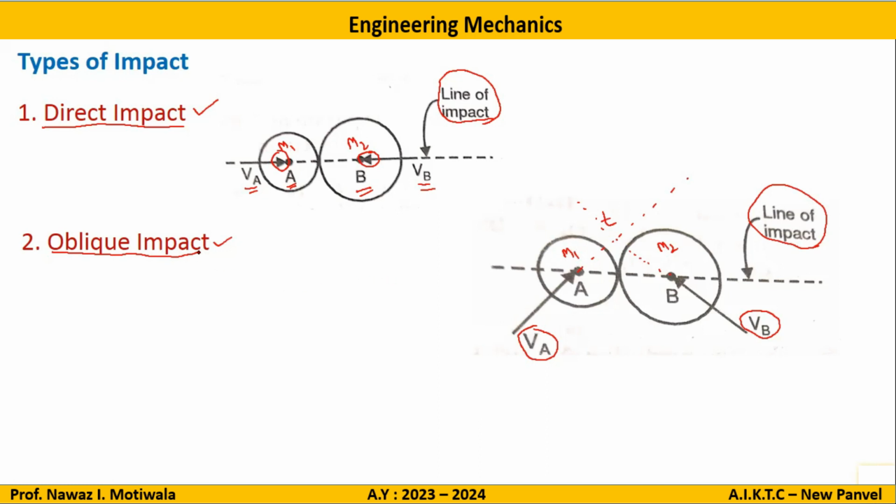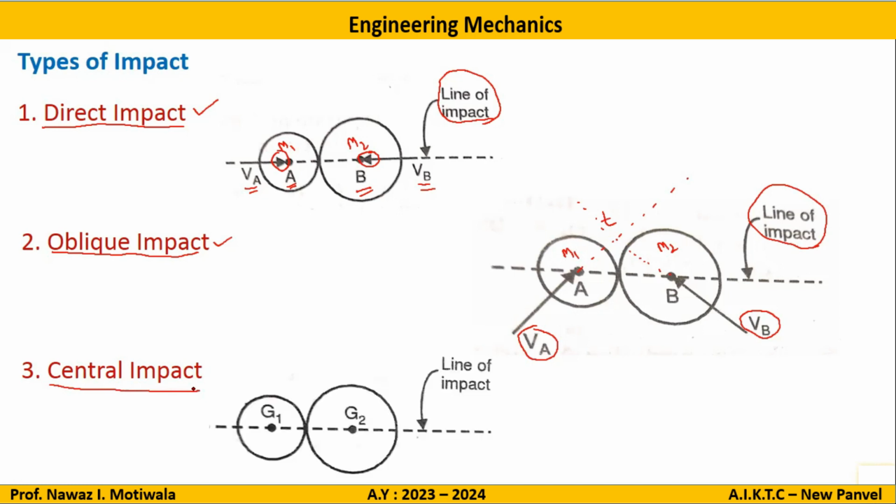Now let us see the third one. The third type of impact is the central impact. What is the difference between direct impact, oblique impact and central impact? Let us see from the figure given. Again, there are two bodies of mass m1 and mass m2, let them be A and B. In this figure there is something marked as G1 and G2.